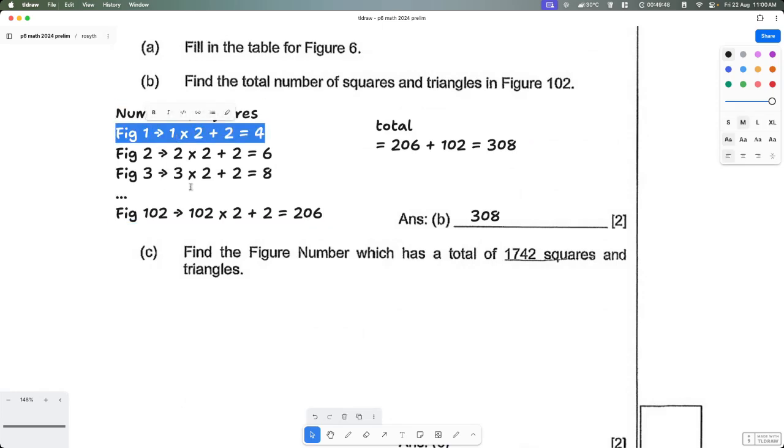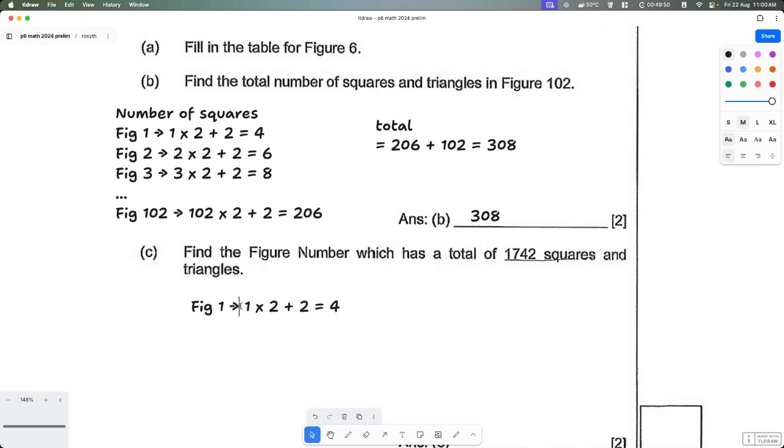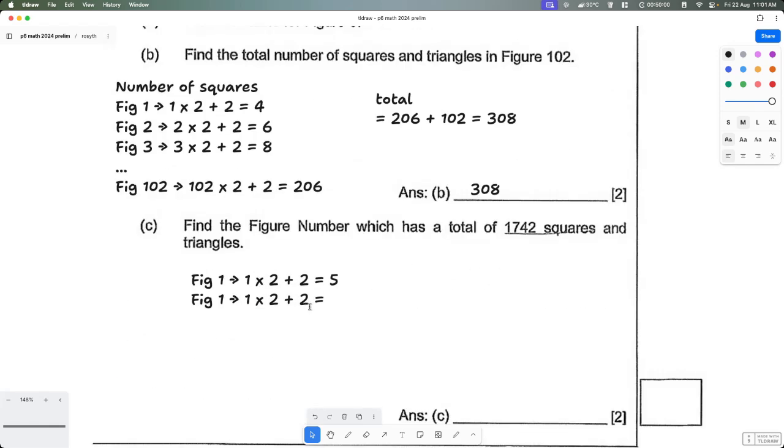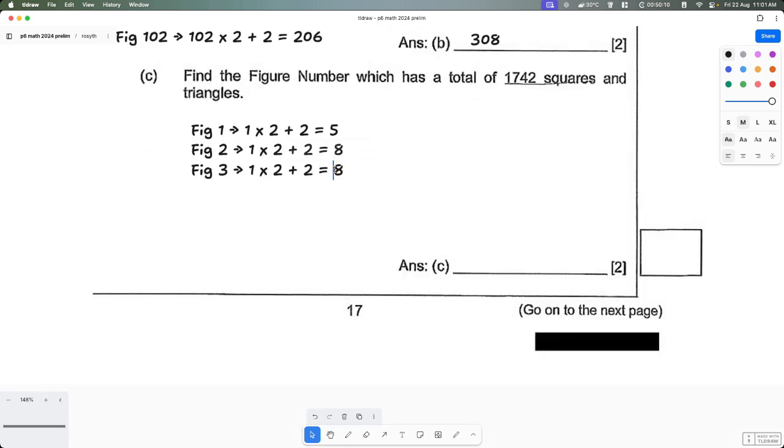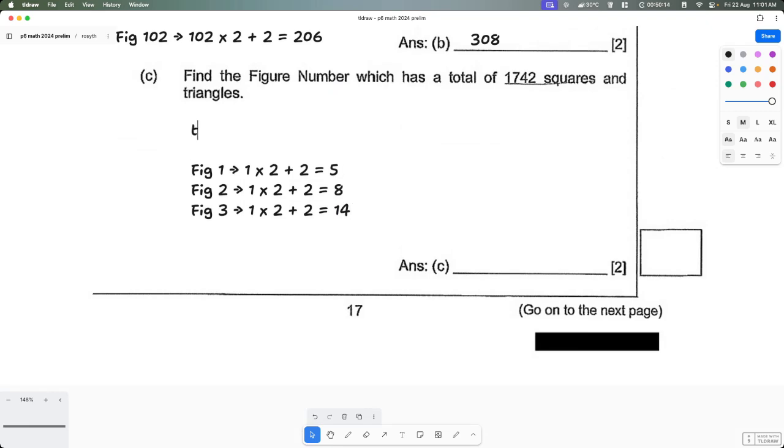So figure 1 is to 5. Okay. Then figure 2 is 8. Then figure 3 is 14. Oops. Okay, so this is total.